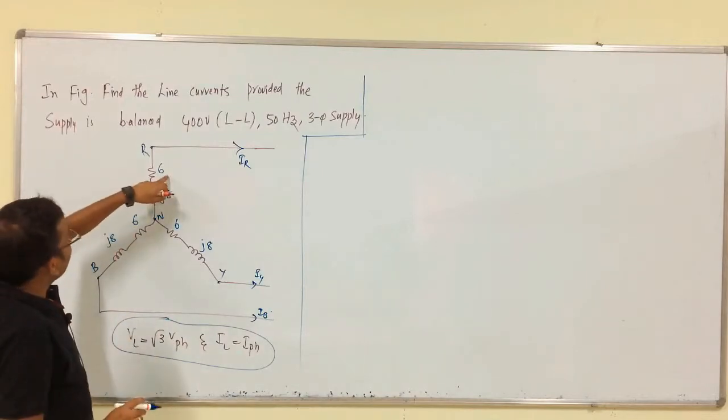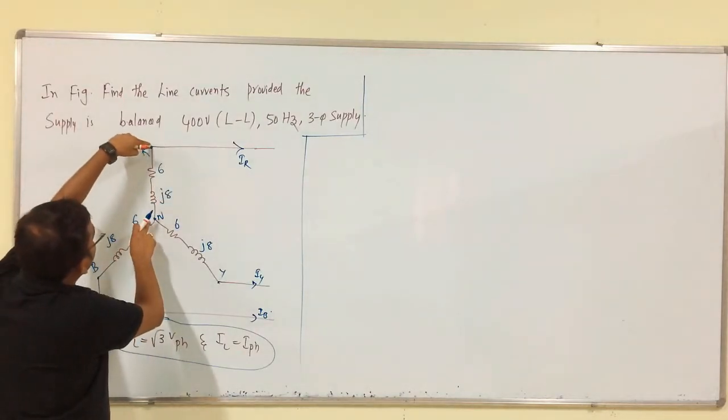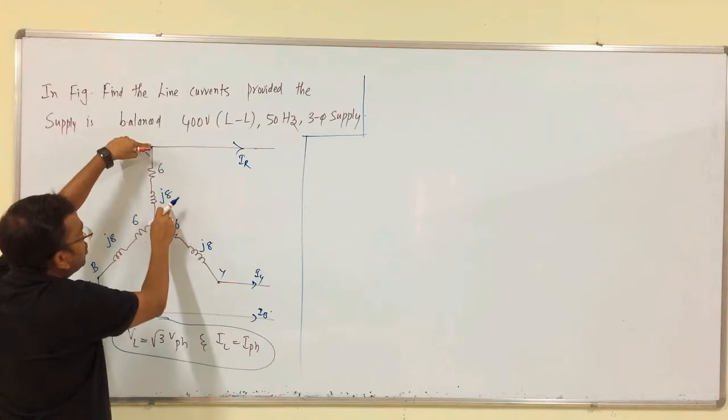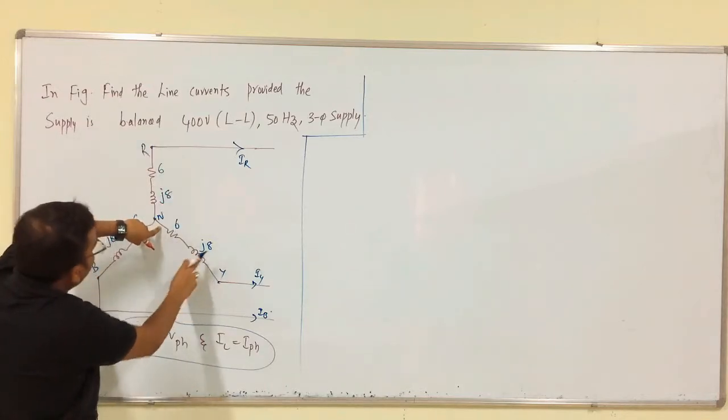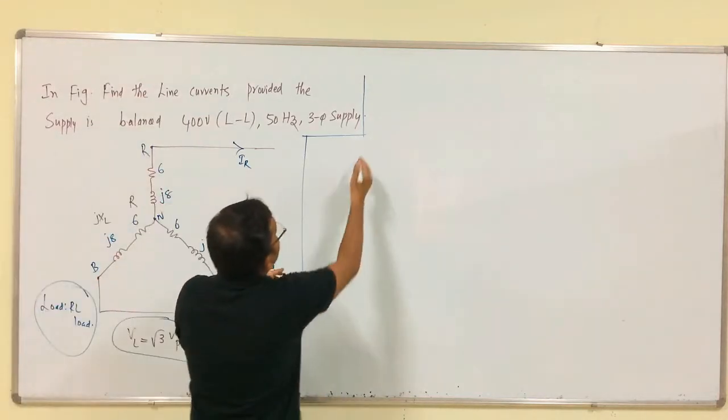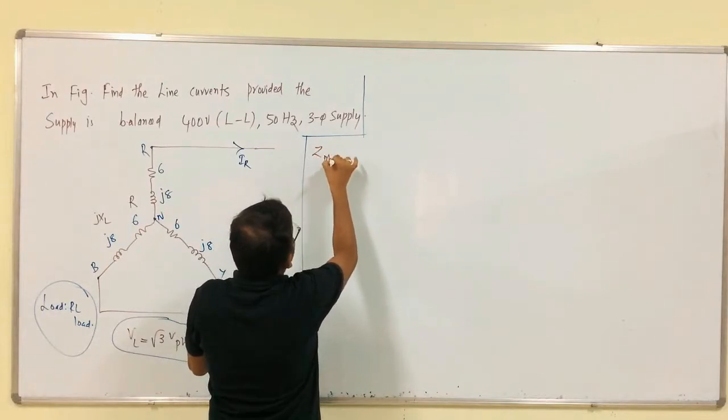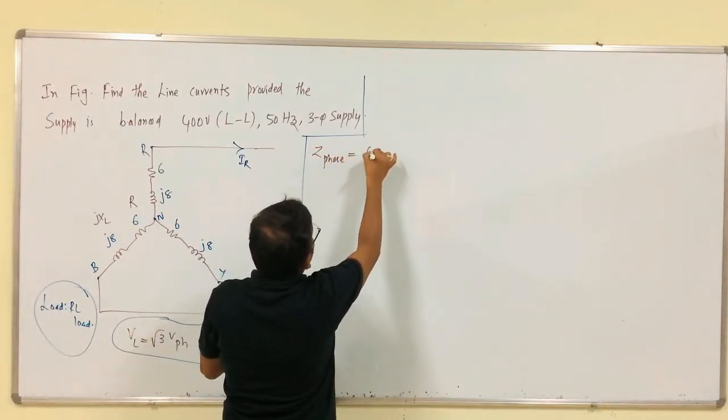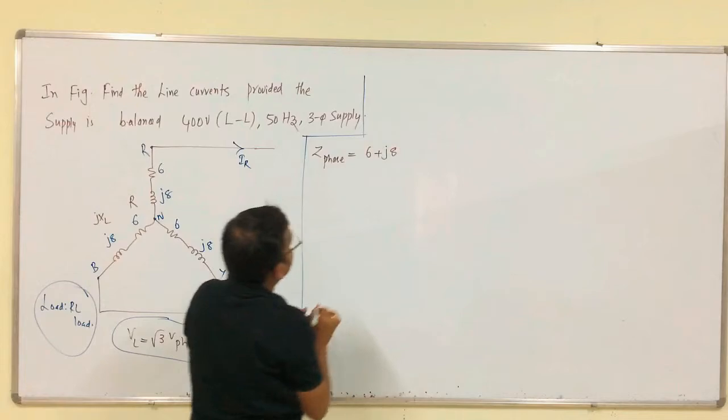So, here from the neutral point, in this phase we have the impedance 6 plus J8, in this we have 6 plus J8, 6 plus J8, therefore Z phase equals 6 plus J8.